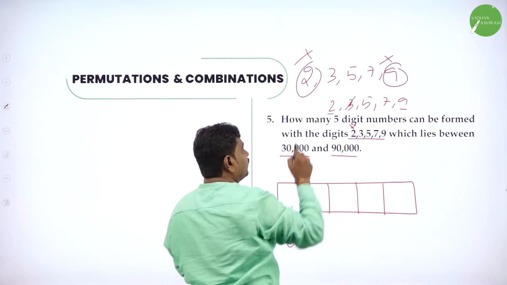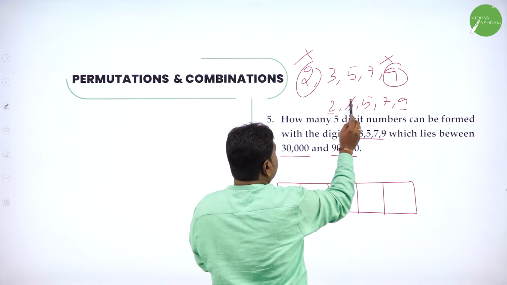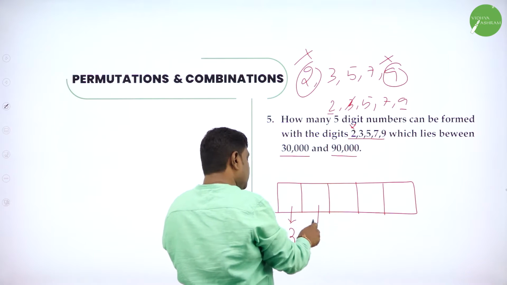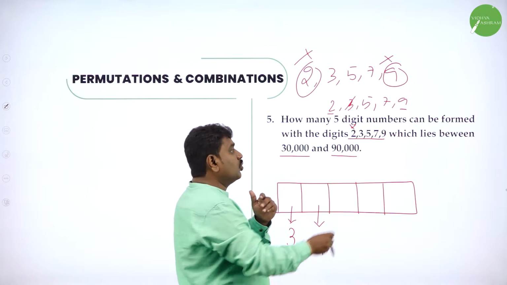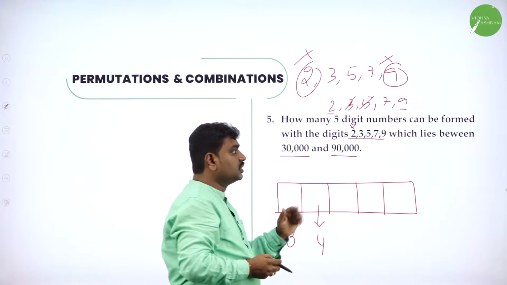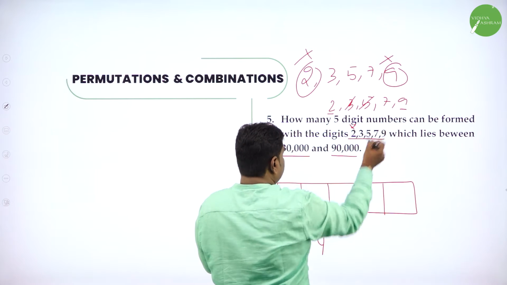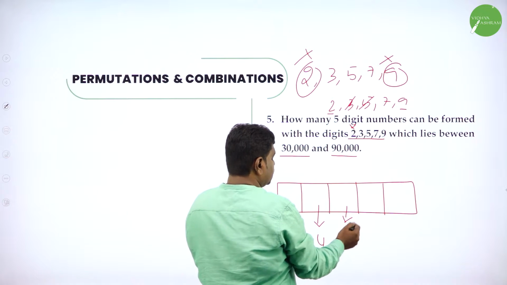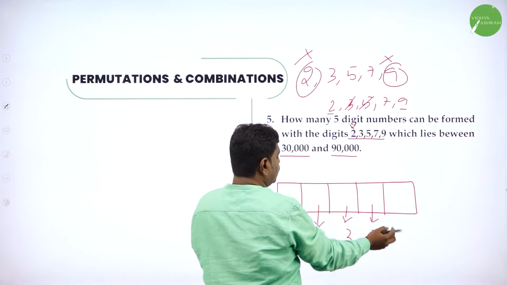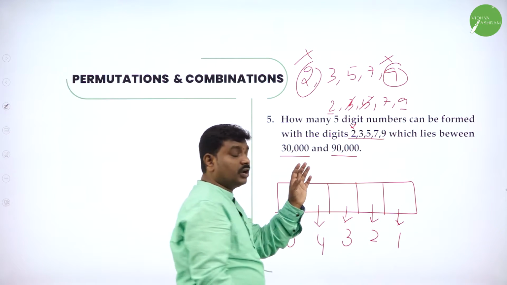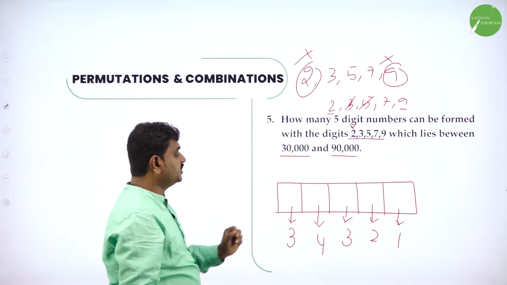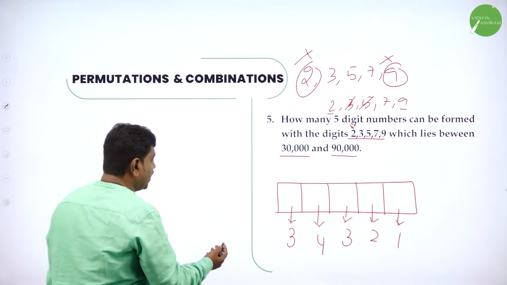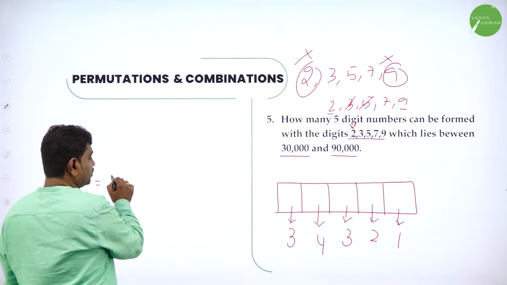Say you have filled 3. Now of the remaining, you can fill in any one of the 4 ways in this. Say you filled one more number in this. So now you have 3 ways you can fill. There is no restriction. Here again you can fill 2 ways. Left out digit. See, they want you to form the numbers within these digits. So once you use the digits, you cannot repeat. Because they have not mentioned without repeating a digit or something, so I will not repeat.